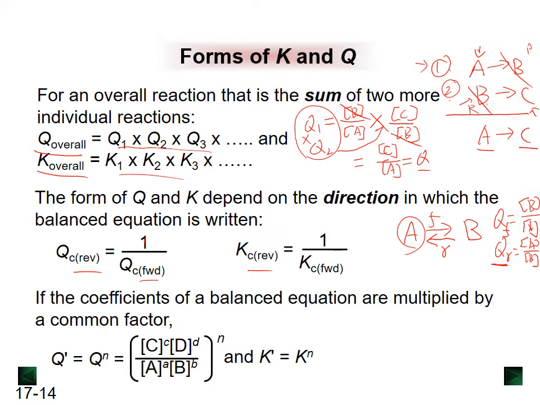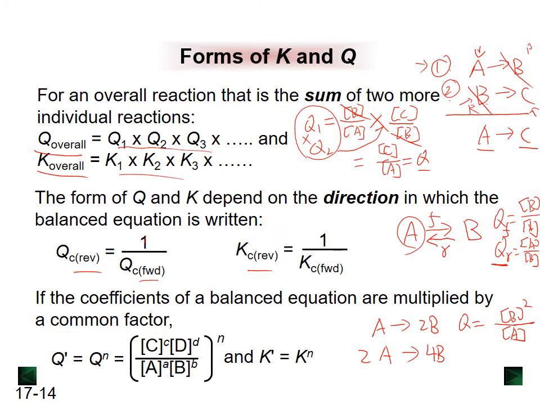Now, for a chemical reaction, again, let's use A forms 2B, for example. For this reaction, the reaction quotient is B squared over A. Now, we can multiply by a common number on both sides. For example, we can write 2A forms 4B. The reaction is still balanced.